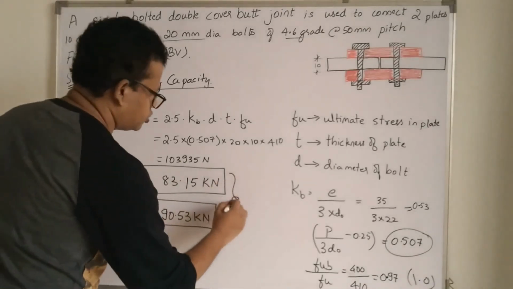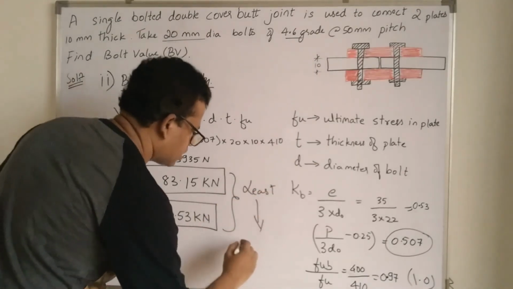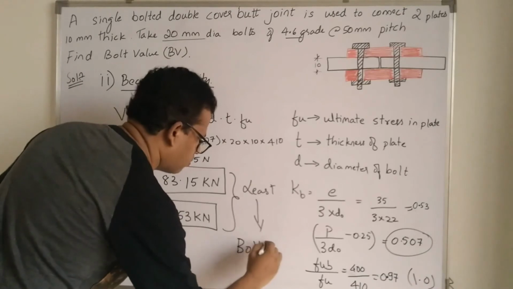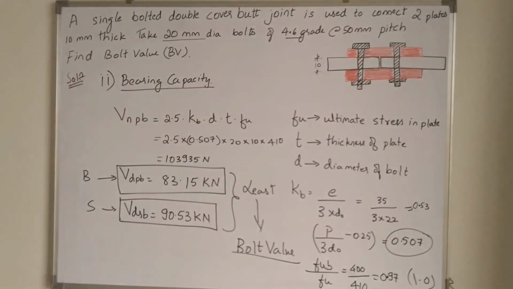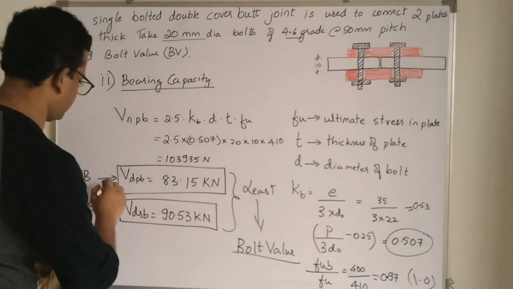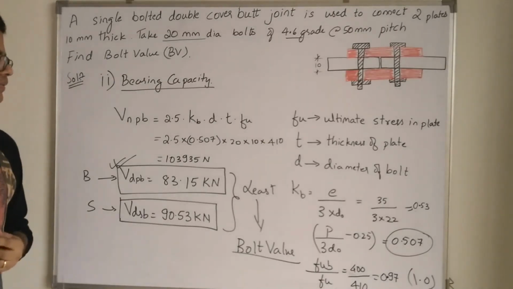Of these two, the least is your bolt value. So in this problem, what is the bolt value? The bolt value is this value. I hope it is clear.